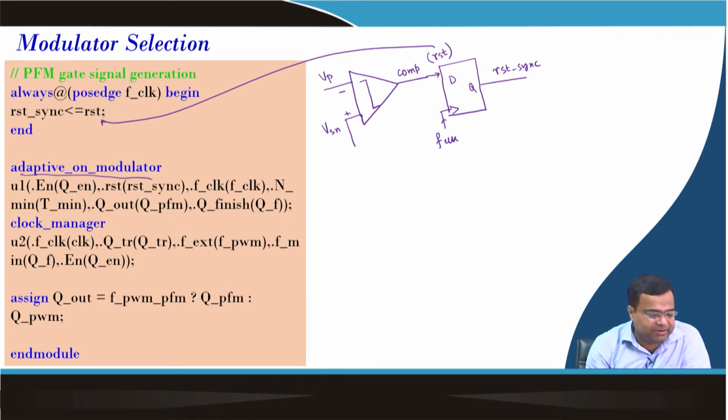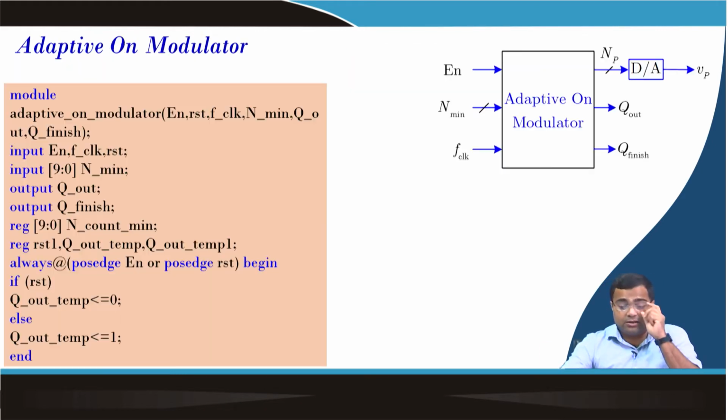Now we are entering the adaptive on time modulator, which we discussed in lecture number 100.